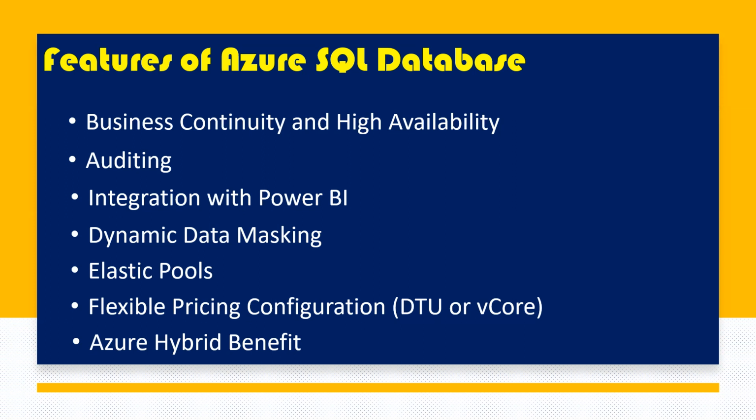We already discussed the hybrid cloud, the combination of private and public cloud is called hybrid. In the same way, from on-premises to cloud, you can use your existing license. That feature here is called hybrid benefit. These are the features we have in our Azure SQL database.